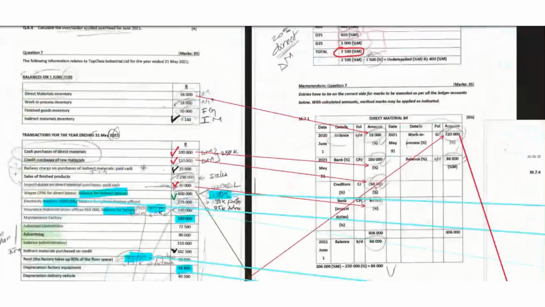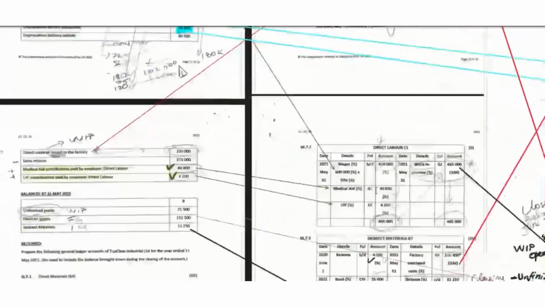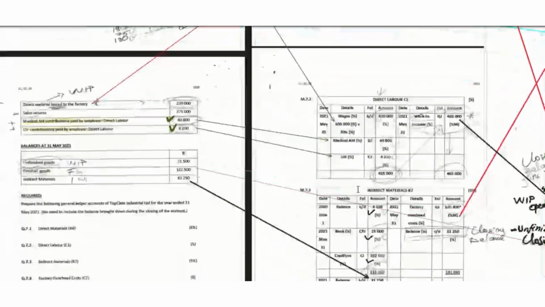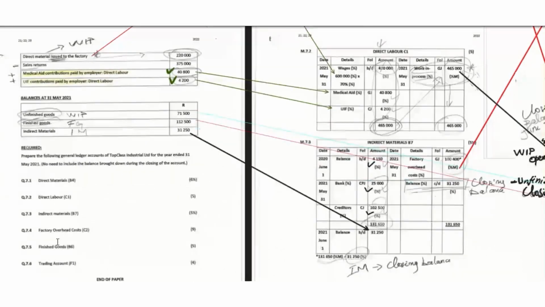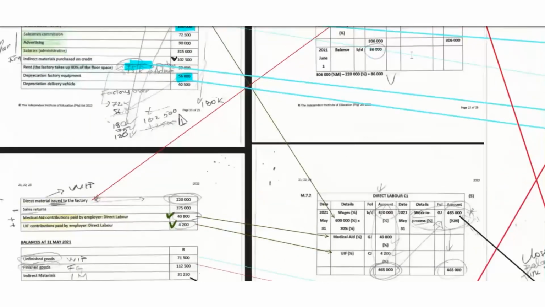So we have now basically the ledger for the direct material, the ledger for the direct labor. Now, wait a minute. What are they asking us? They're asking us to prepare general ledgers for these accounts. What is the first ledger they ask us? Direct material, which we've just completed.